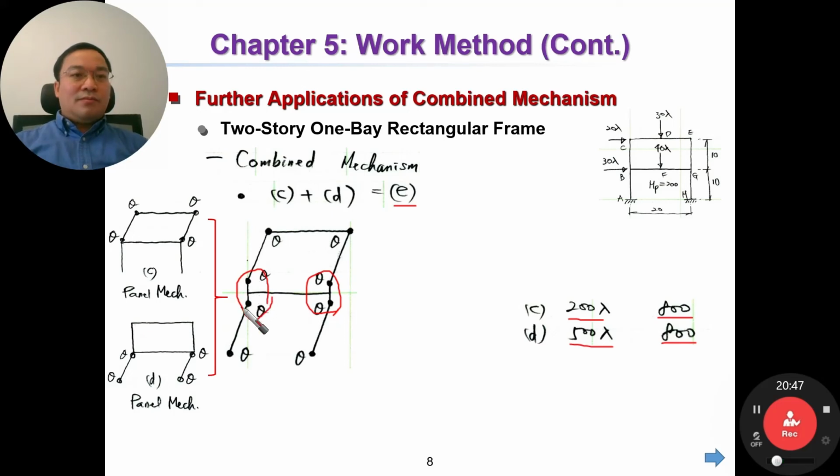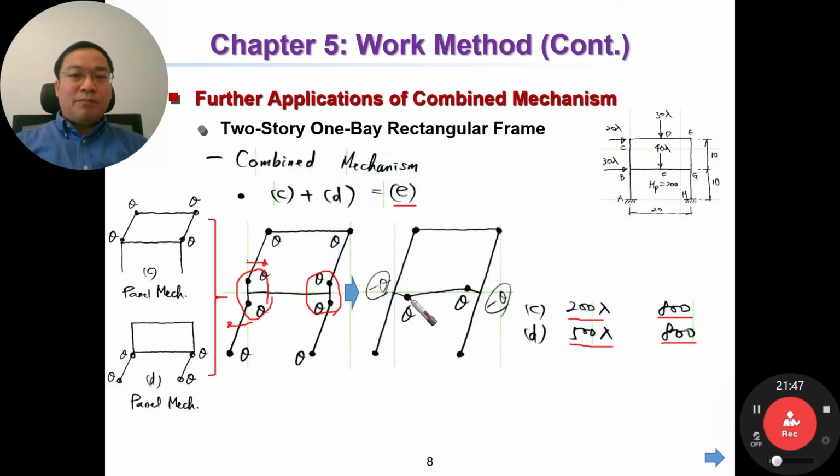Because of the same section, look at the joint rotation at B. Close up the two hinges at B. Then this joint with the hinge here and hinge here will become the hinge at beam, without the hinge at the column.